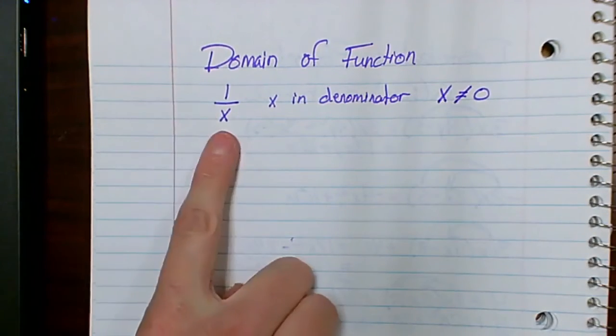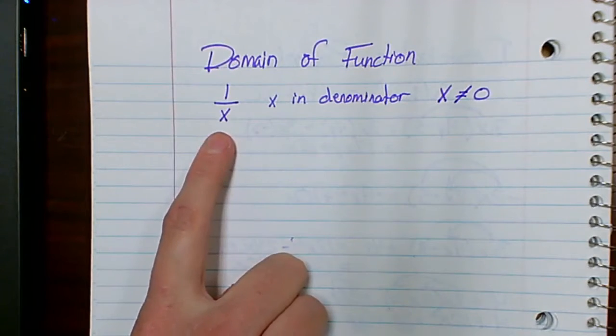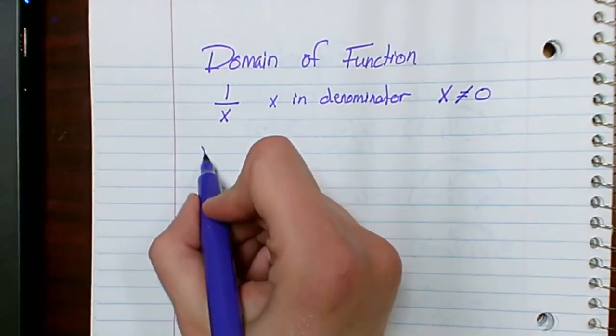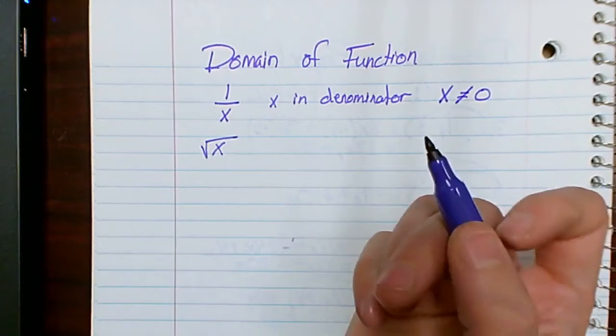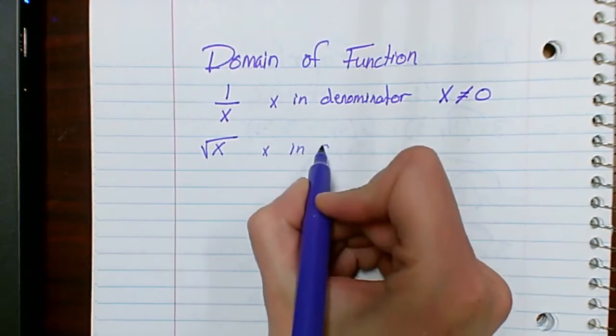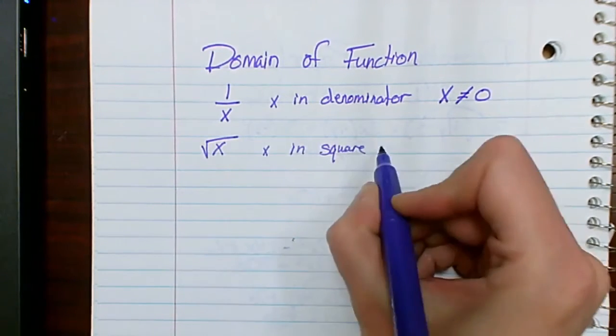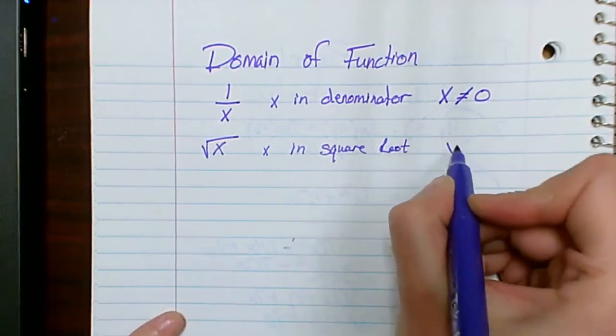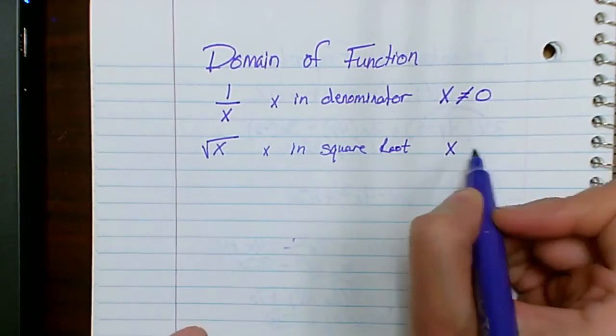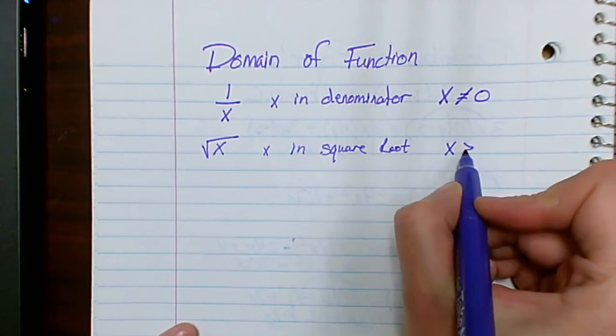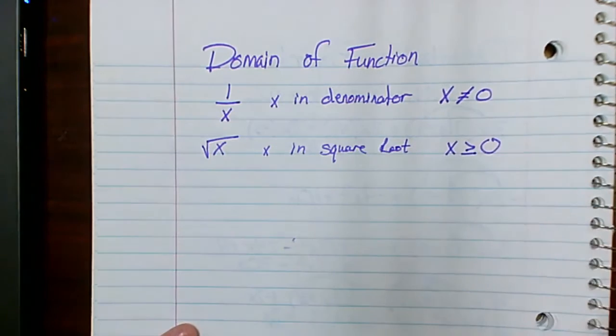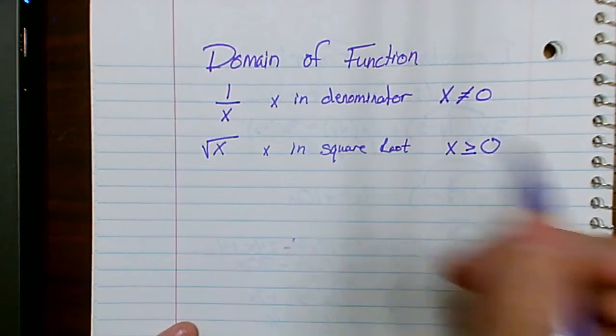So in this case, x can't be 0. If you have an x value in the square root, whatever you have in the square root, you have to set that greater than or equal to 0 and then solve for x.